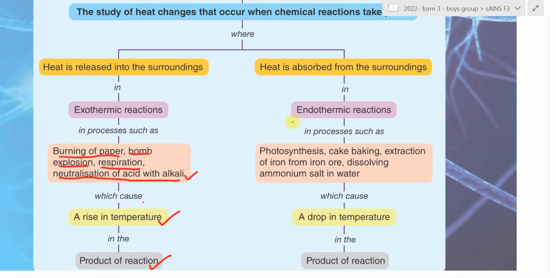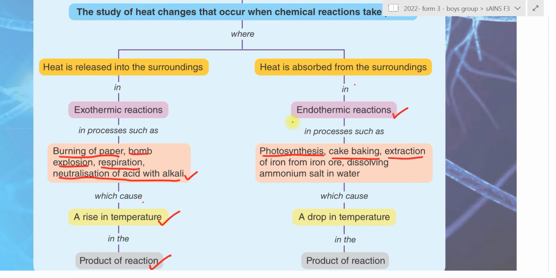Whereas when heat is absorbed from the surrounding, it is an endothermic reaction. For example, photosynthesis, absorbing heat. Cake baking is not like burning, so cake baking is endothermic.